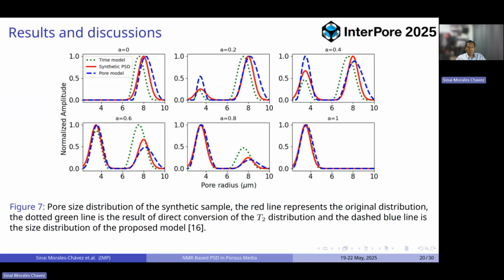It's clear that the proposed model more accurately matches both the location and the amplitude of the two peaks. In contrast, the classical method oversmooths the distribution and underestimates the contribution of large pores. The results demonstrate that our approach leads to a more faithful recovery of the pore size distribution, especially in heterogeneous or bimodal systems.